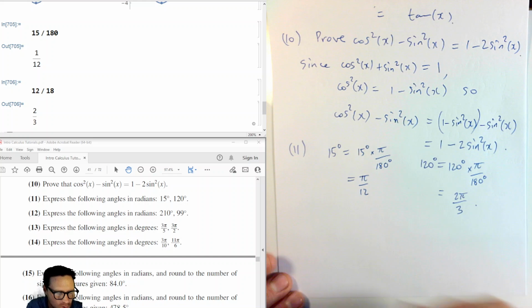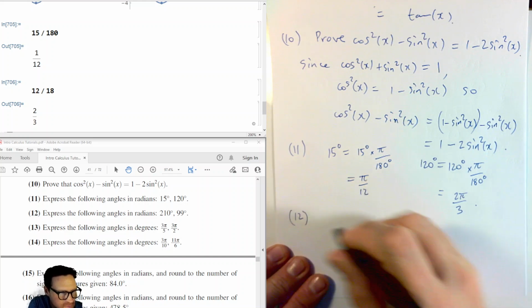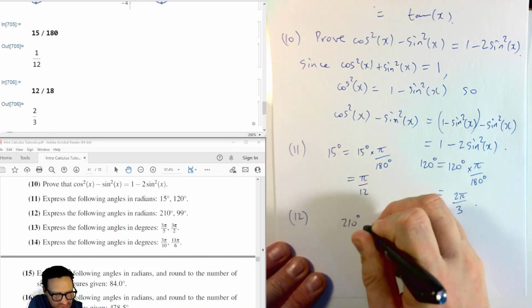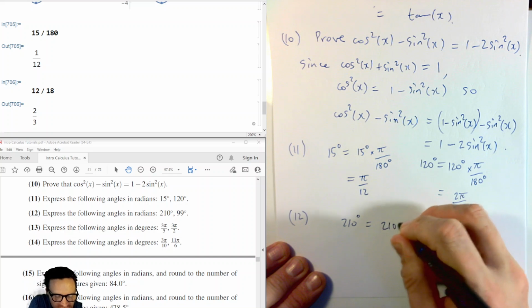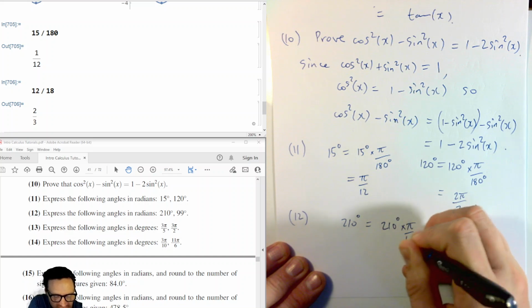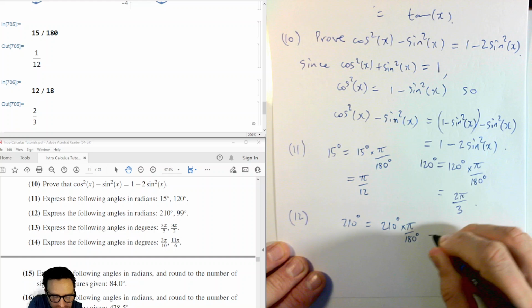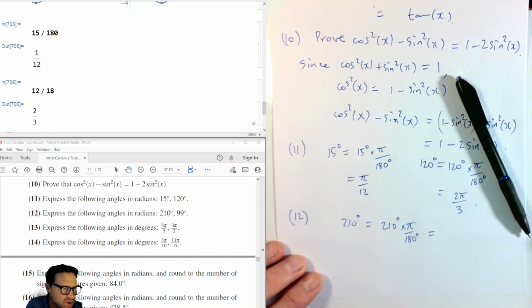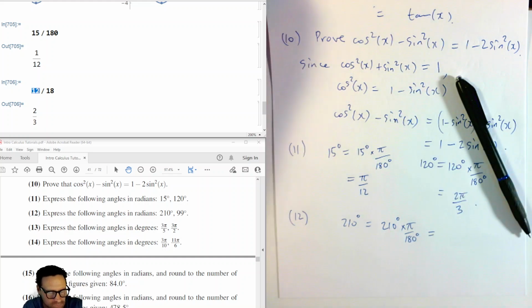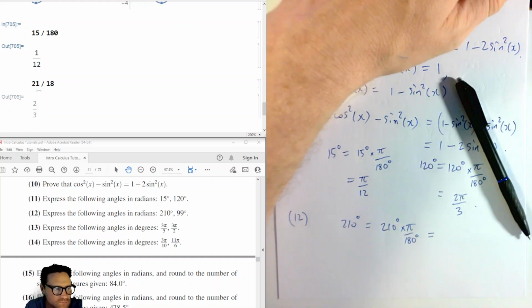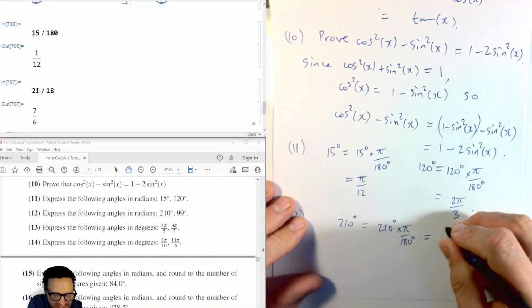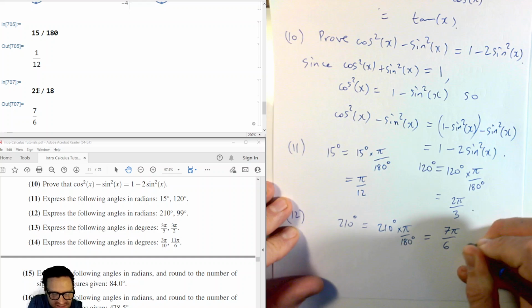Okay, question 12. 210 degrees is equal to 210 degrees times pi on 180 degrees. So 21 over 18 is 7 on 6. So this is 7 pi on 6 radians.